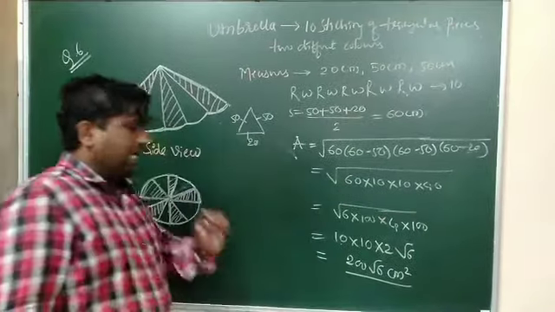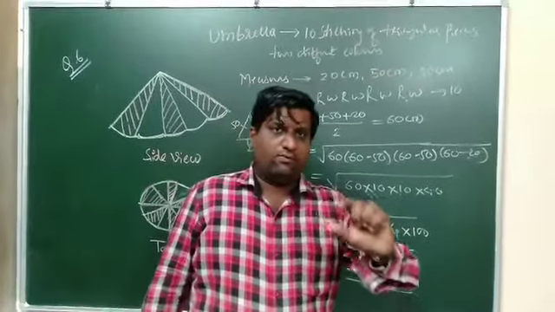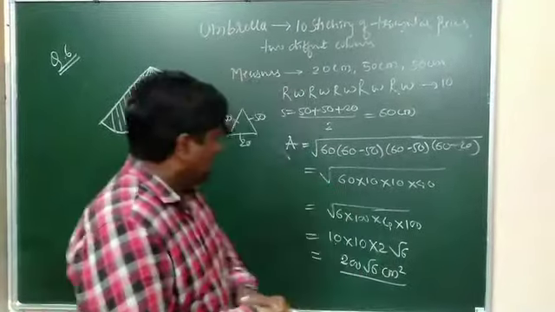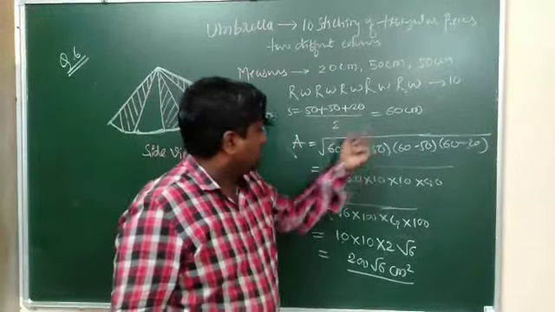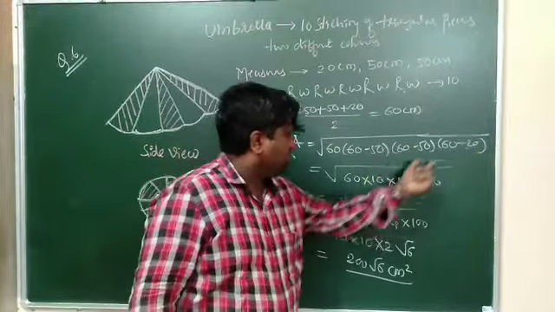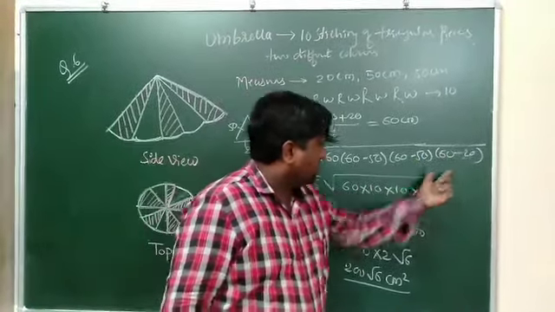So this is the area of a single cloth of triangular shape. See, the semi-perimeter is 120 by 2, 60. 60 minus 50, 60 minus 50, 60 minus 20, that is 60, 10, 10 and 40.